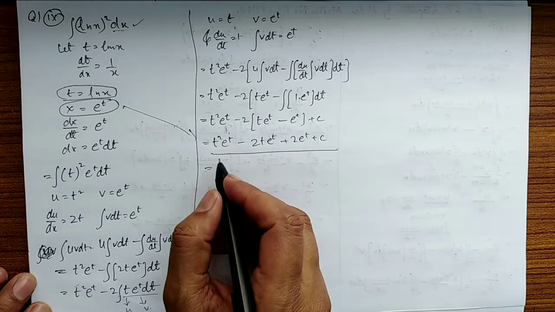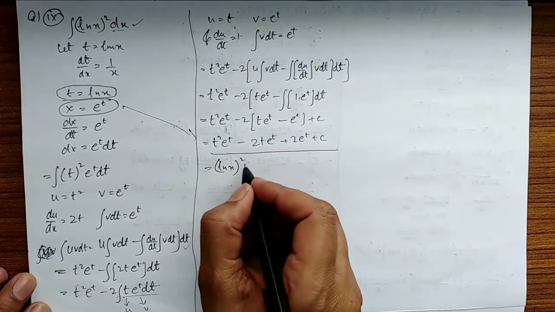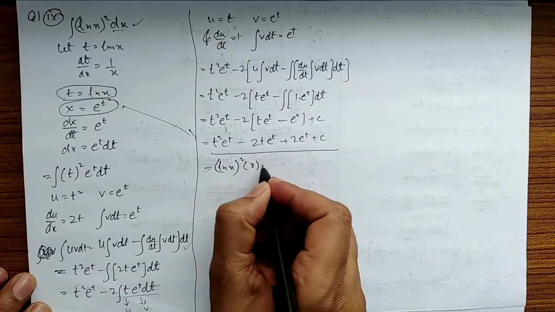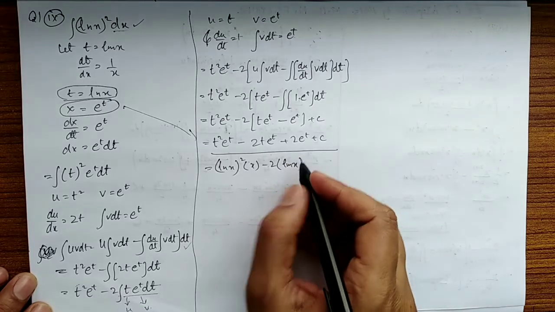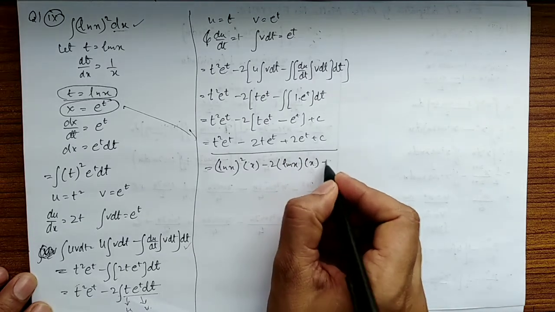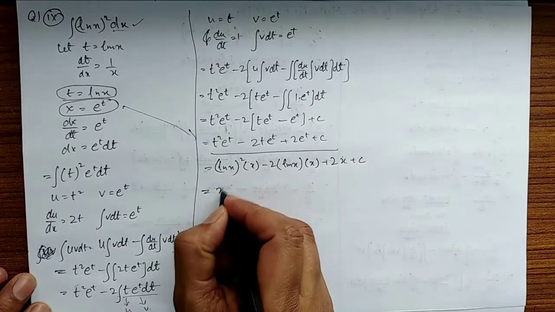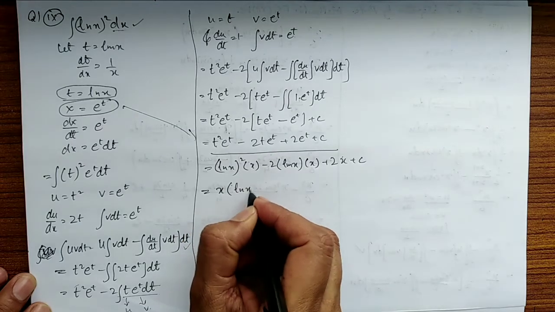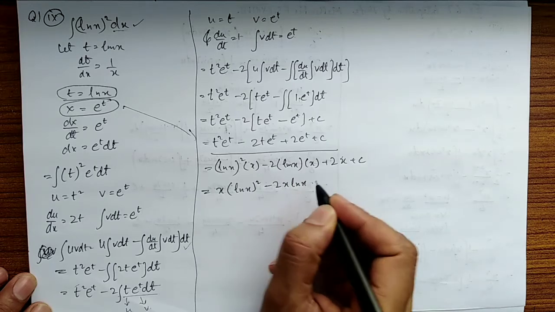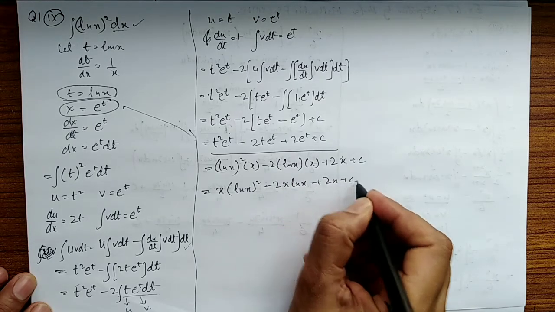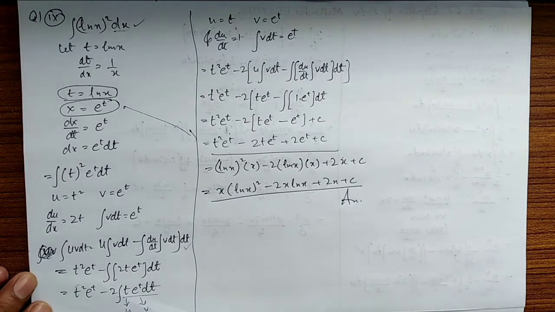So t is ln x, whole square, and e power t is x, minus 2 into ln x, e power t is x, plus 2 into e power t, which is x, plus c. So by rearranging, x into ln x whole square minus 2x ln x plus 2x plus c, this is our final answer in terms of x and ln x.